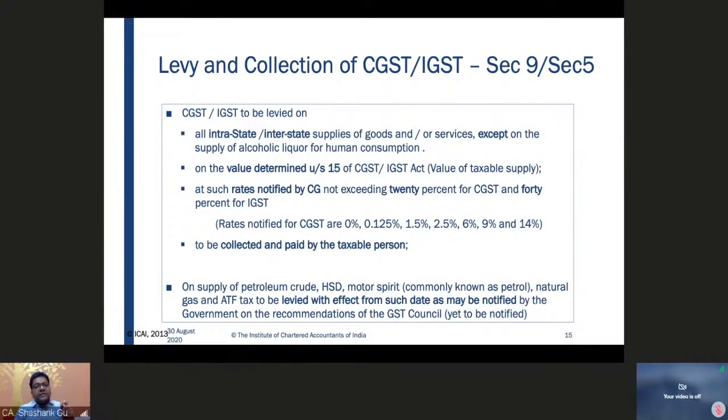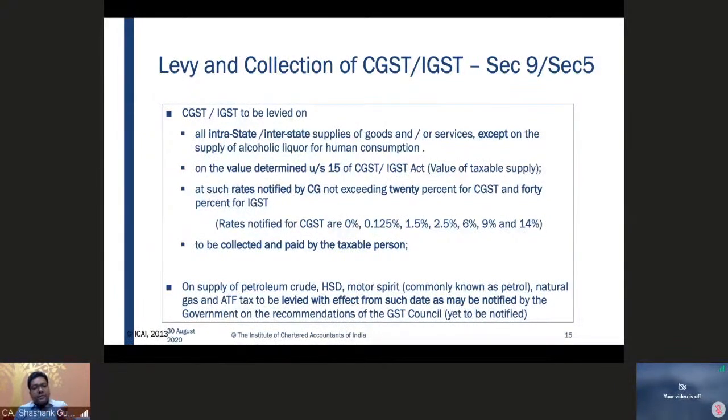Now, within GST, there are multiple rates which are notified. First is 0%. Second is 0.125%. So, why 0.125? Because it is CGST only. So, when I say CGST, automatically you should presume that a similar amount will be there under SGST. So, 0.125 under SGST, and under IGST it will be 0.25.